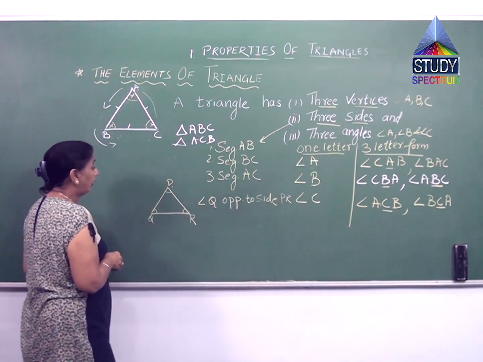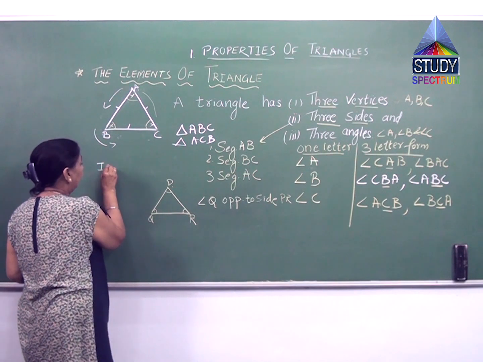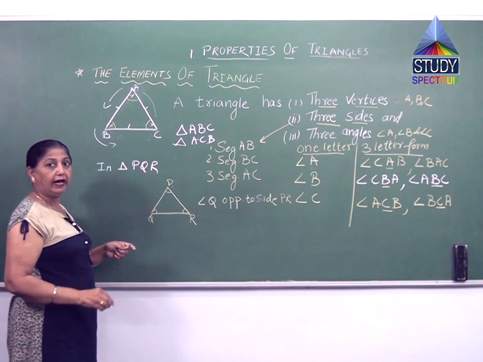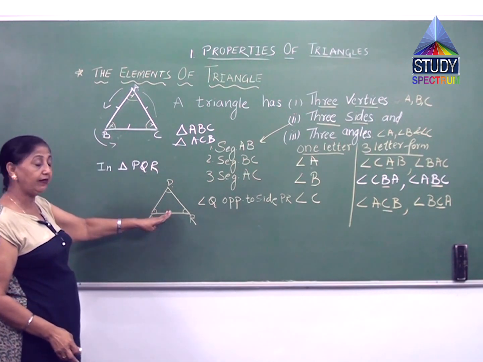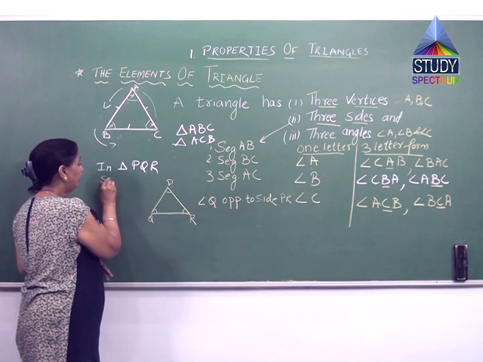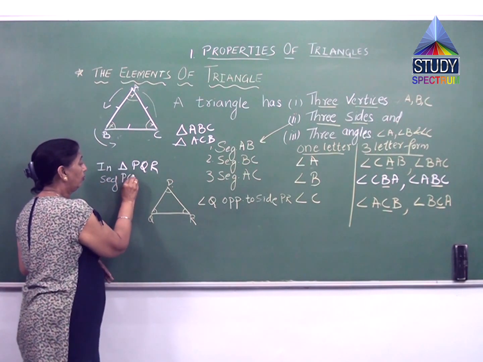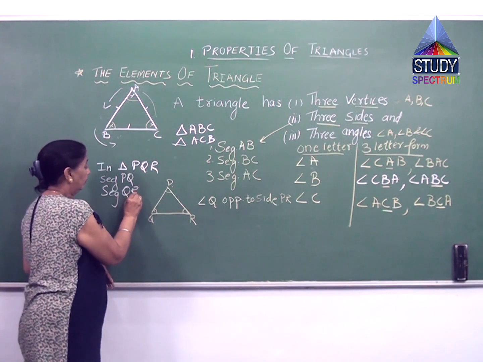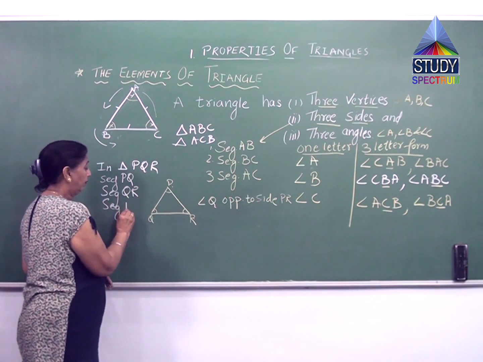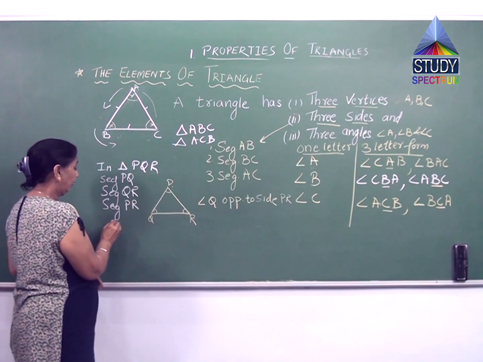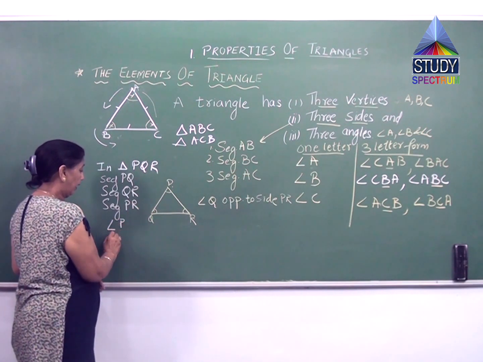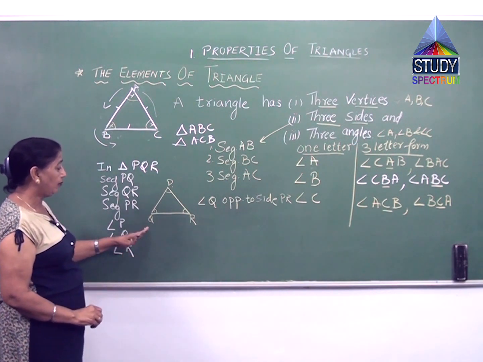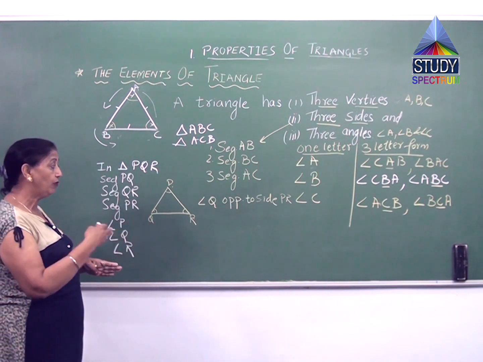To make it more clear, I can write in triangle PQR, as I have explained here, how many sides are there? 3 sides. Which are the 3 sides? Segment PQ, segment QR, segment PR. Right? And the angles, angle P, angle Q and angle R. Now here I am talking about the angles and the opposite sides.